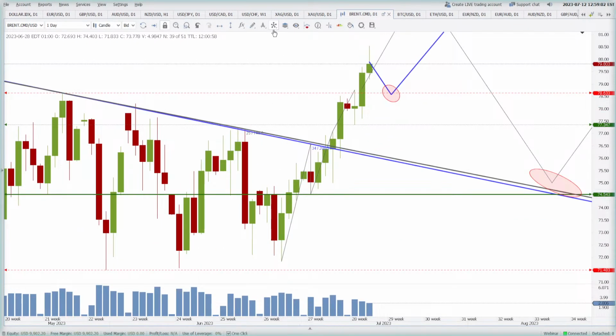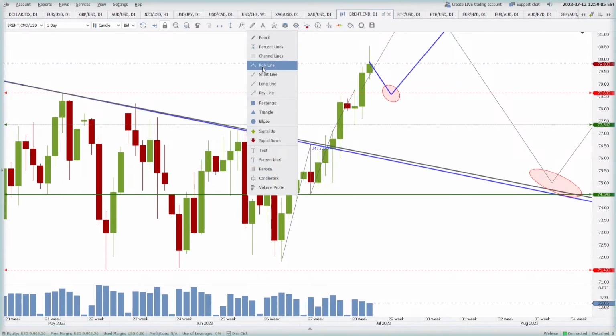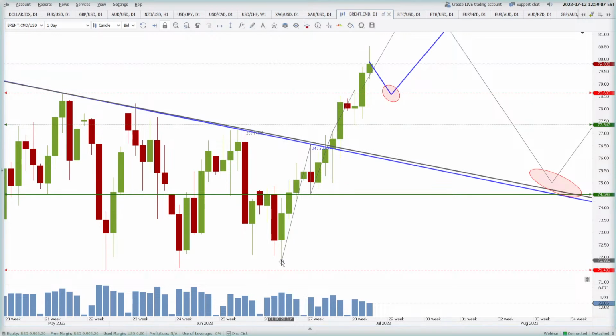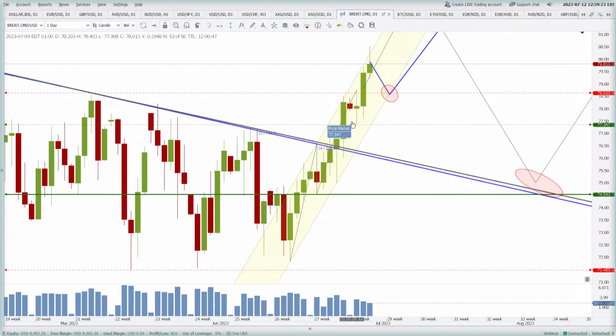Also, now you can create a clean channel on this one like this. So I think when the price breaks below 77.34, it would have already broken below this 78.63. Yes, it will become a selling market.